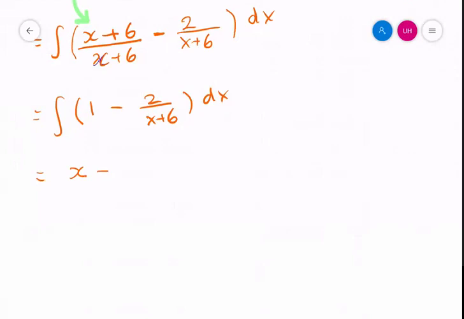Give me the answer for the second integral. 2 ln x plus 6. Well done. So minus 2 ln x plus 6, plus c. And that's it. Okay?